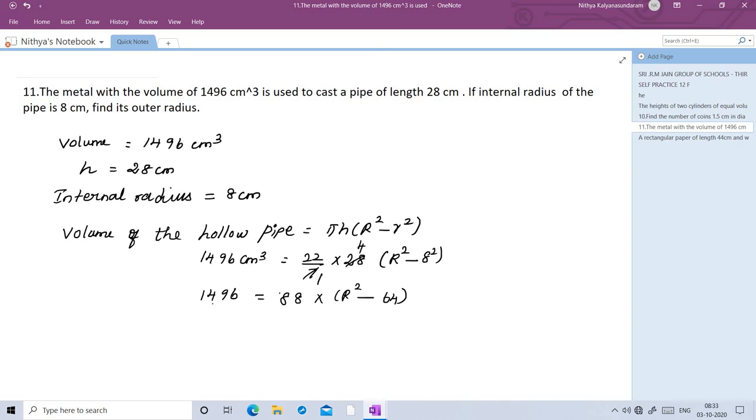Multiplication moves to the other side as division: 1496 divided by 88 is equal to R square minus 64.